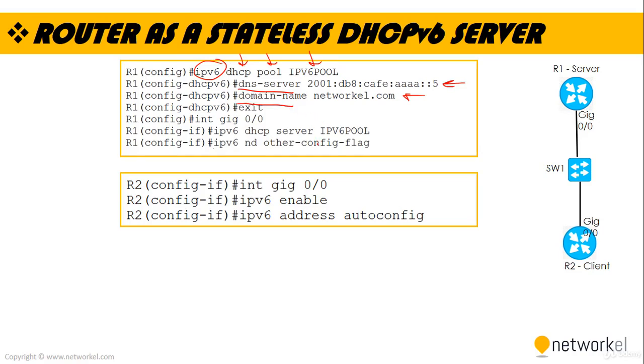Here we also have another configuration, the ipv6 nd other-config-flag. This flag is required as it informs clients through the router advertisement message that they have to use DHCP version 6 to receive extra information.